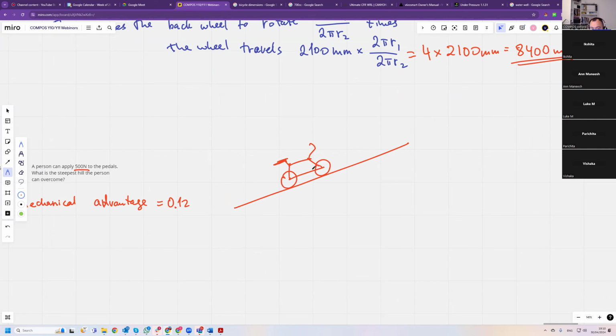How much force needs to be applied to the bicycle in order for it to go up? Well done. mg sine alpha.